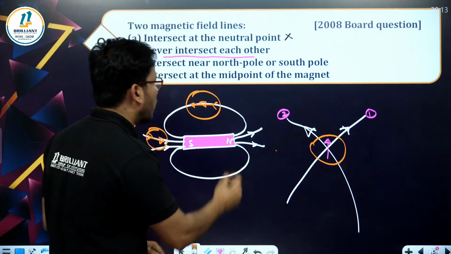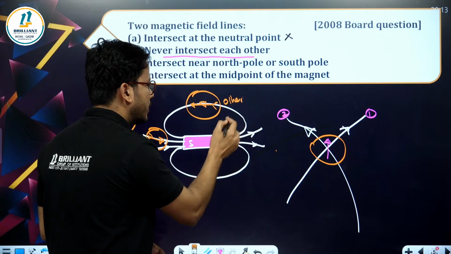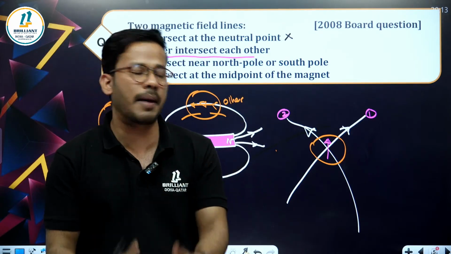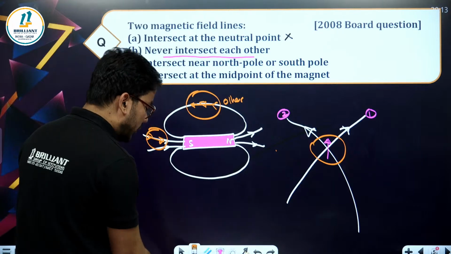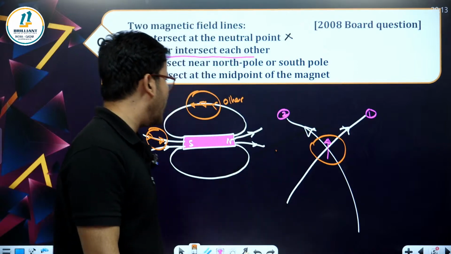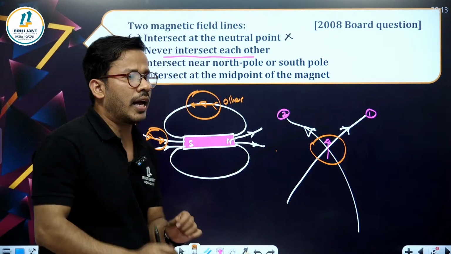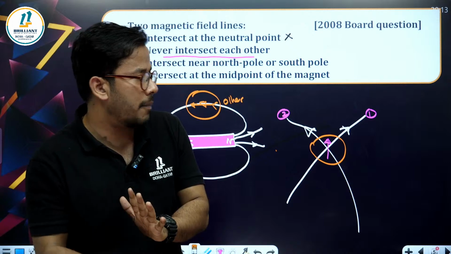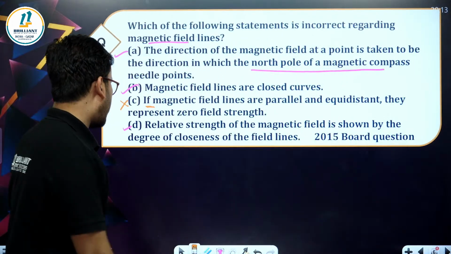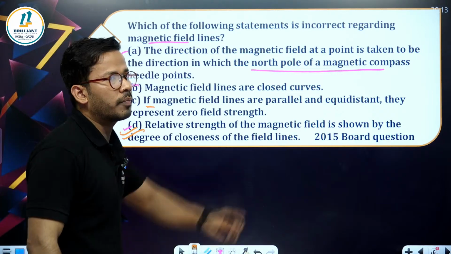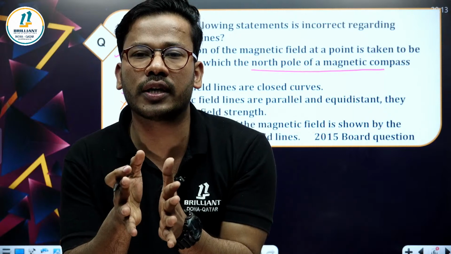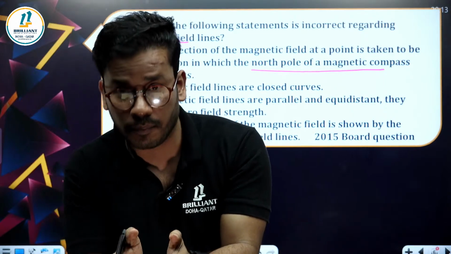However, on the other side, the field lines are having gaps. We know a proper diagram of it. I know everybody in the class 10 universe knows this, that on the other side, field lines have gaps, and because of the gaps, the field is weaker. So this statement is correct: if the field lines are closer, the magnetic field is stronger.